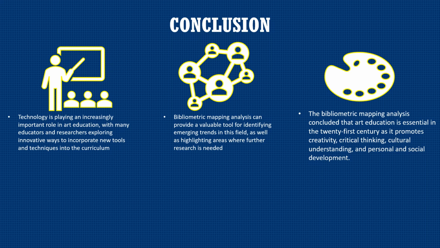The bibliometric mapping analysis concluded that art education is essential in the 21st century as it promotes creativity, critical thinking, cultural understanding, and personal and social development. It prepares individuals for future careers that require innovation and adaptability and fosters a more peaceful and equitable society. Integrating technology in art education can provide students with new opportunities to learn and create, and also helps them to develop digital literacy skills that are essential in today's world.